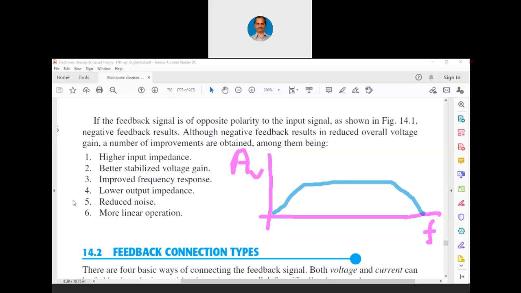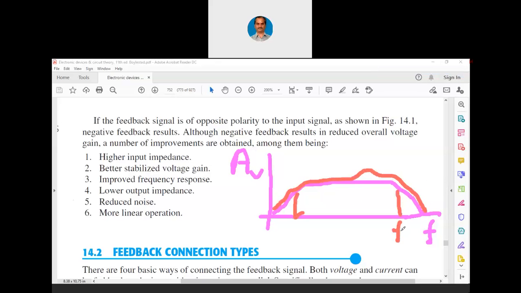Let me use a different color. Now you may get a frequency response. It may go like this, and it may come back like this. And you can see this area. In this area, the gain is not flat. Even though we measure 3 dB here and here, we can measure FH and FL here.